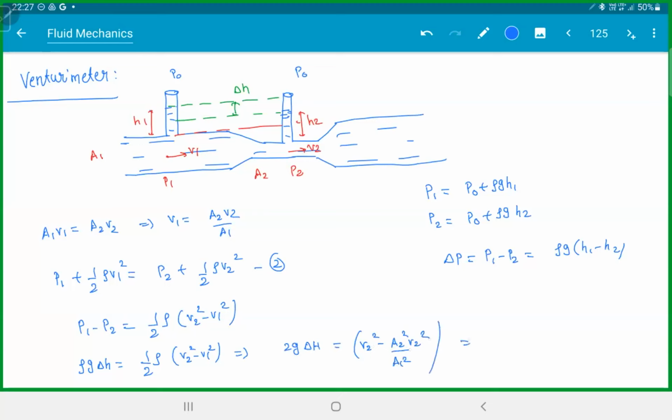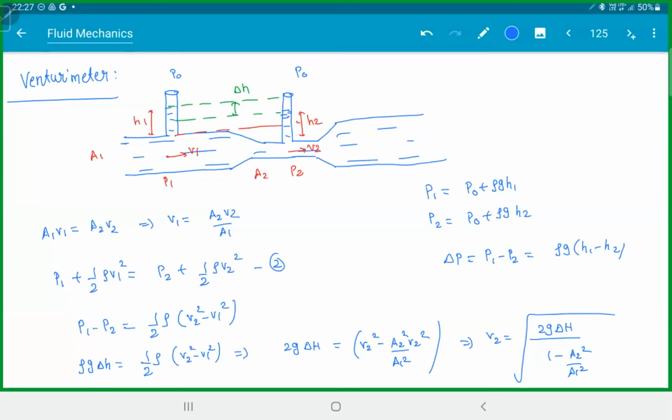It's simplification basically. So V2 will be root over 2g delta H by 1 minus A2 square by A1 square. Just looks like velocity of efflux if you observe. Isn't it? Looks like velocity of efflux.